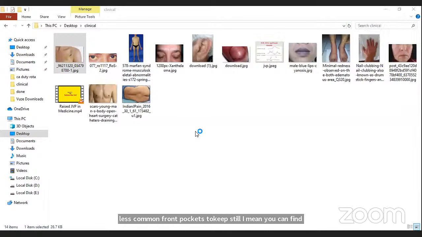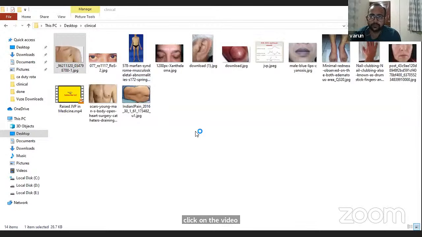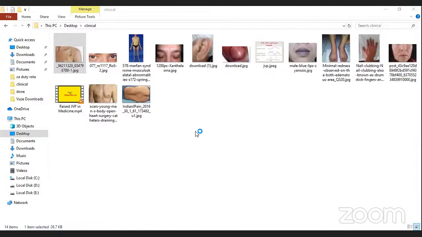Can you click again on the particular video or image, please? Is it visible? No, it's still loading, actually. Can you just right click and open that?